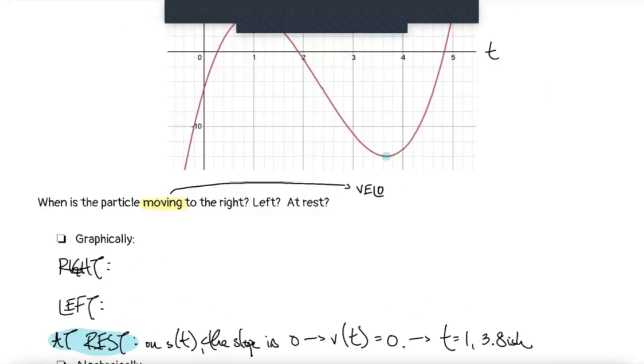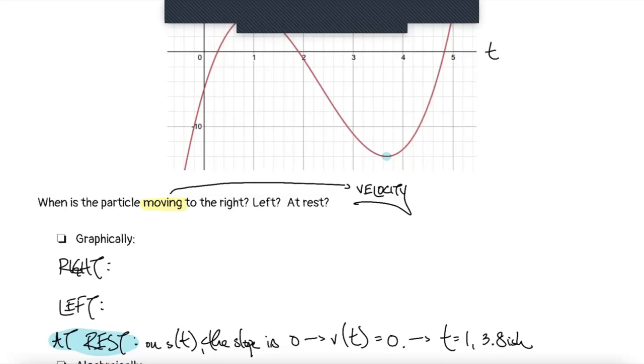When we're looking for the direction of motion, this is actually looking for velocity. In a very small way, it's different from the questions that we first looked at a couple sections ago. The old question was, when is the particle to the right of the center?